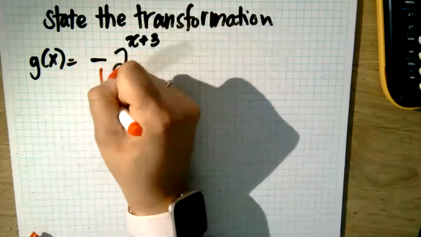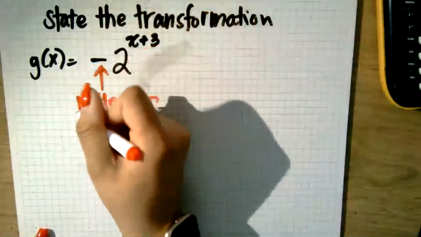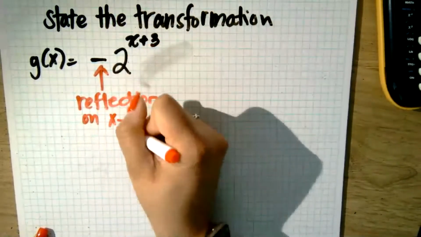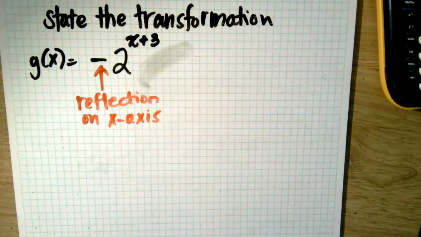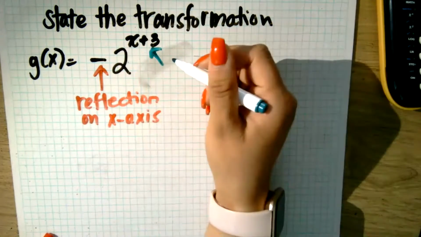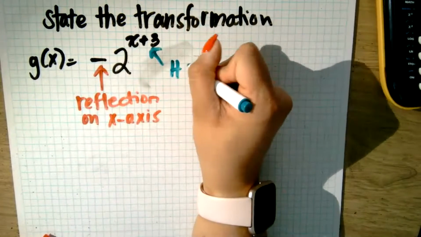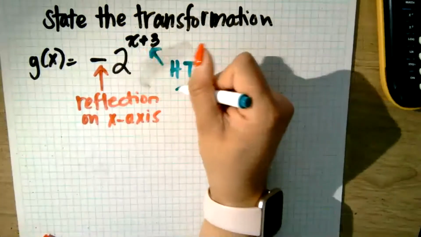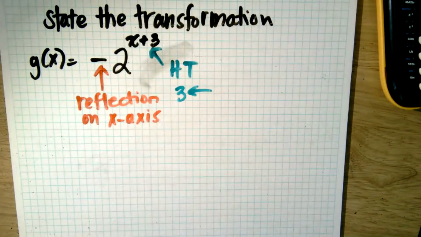That means I have a reflection across the x-axis, where my outputs go from top to bottom. And I also have a horizontal translation. It's happening in my inputs, so it has to be the opposite of what the equation tells me. So I have a horizontal translation 3 units left because it says plus 3.